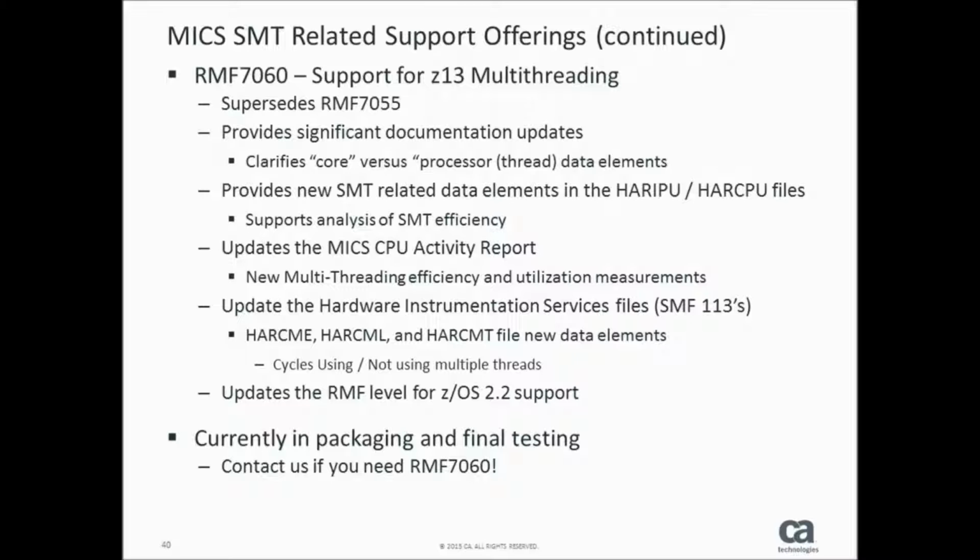I know some of you have applied MXG 33.35, which provided the hardware instrumentation support for 113s from z13. Well, there's a new counter type, just a couple of them for multi-threading. So this MXG 33.60 will incorporate those new counter types that are multi-threading related. And we update the RMF level. If you run data from z/OS 2.2 through MXG today, it's going to say, I don't understand the RMF level. So 60 will update that as well.